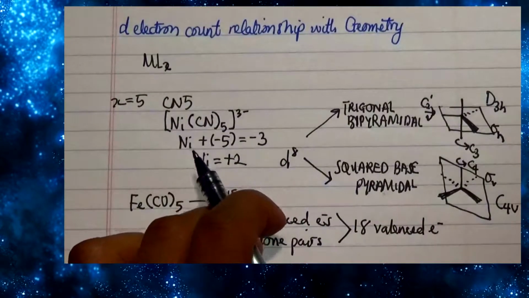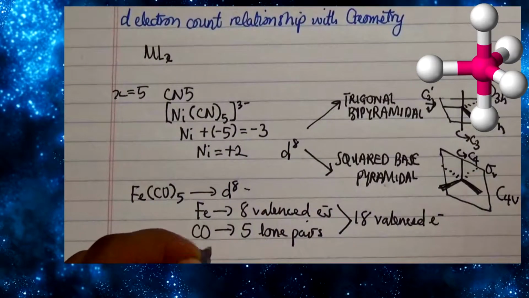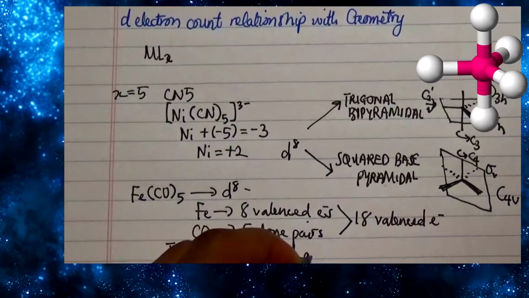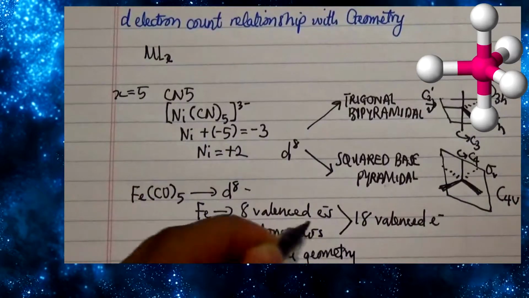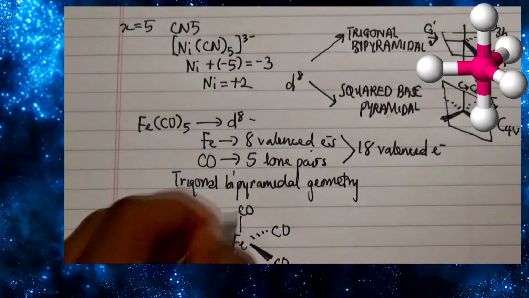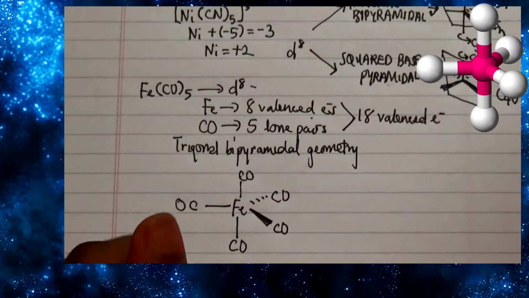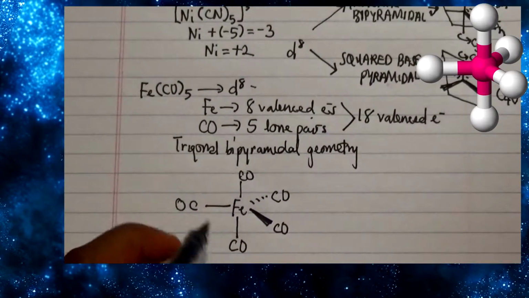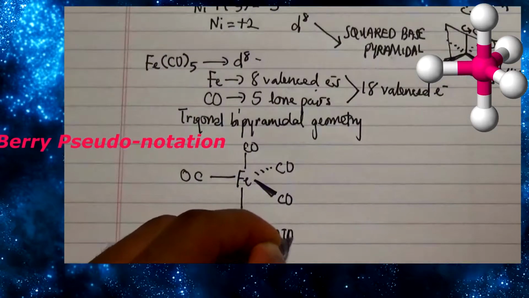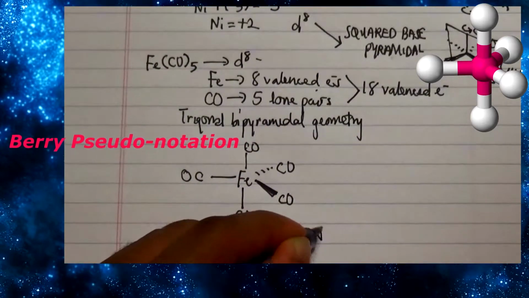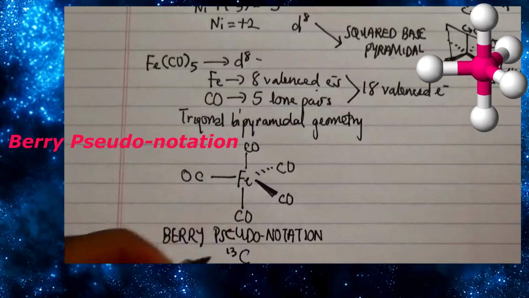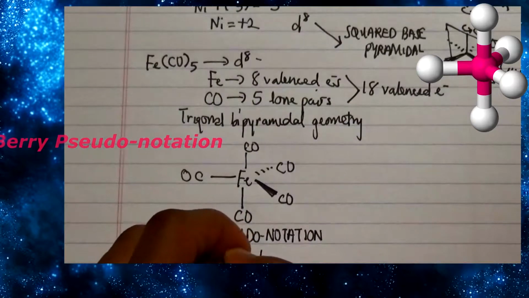Now this exhibits a trigonal bipyramidal geometry, and this geometry is drawn below. Interestingly, this geometry obeys the Berry pseudorotation, and this Berry pseudorotation occurs on the NMR timescale for the 13C or carbon-13 NMR spectrum.